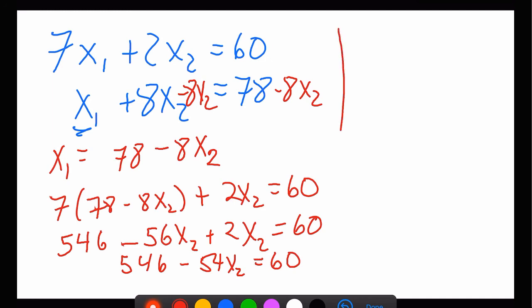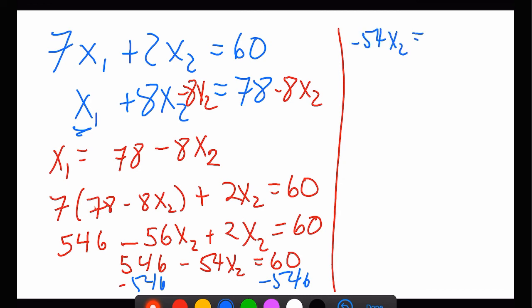Yeah. So we subtract 546 from both sides, and we get minus 54x2 is minus 486. We can ignore the minus signs, right? We can turn those both into plus signs. And x2 equals 486 divided by 54.